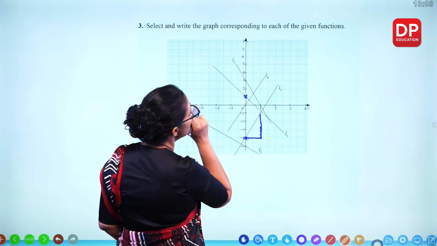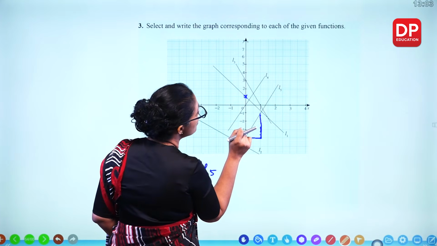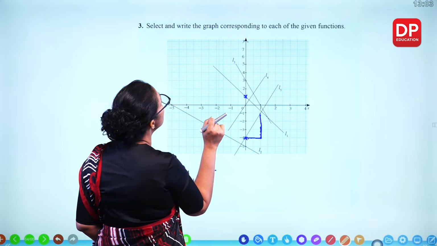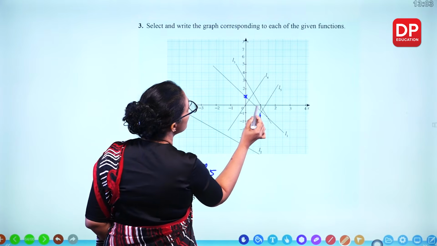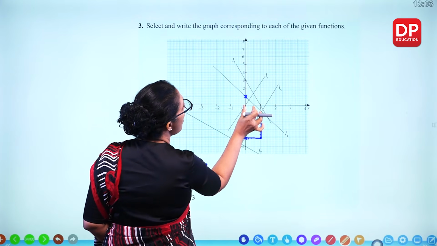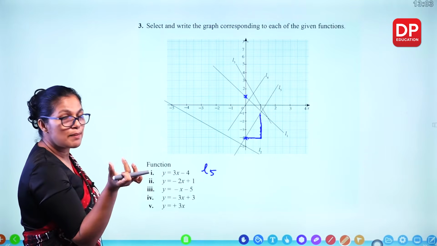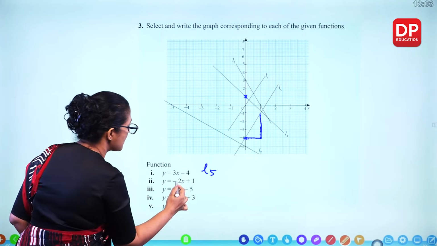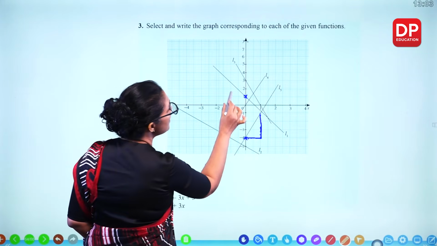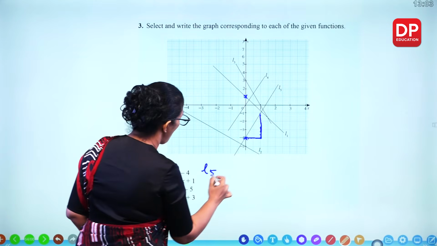Here, when you take, what's the readable point? If you take this one, roughly half here and 1. So 1 divided by half is 2. So that's correct. So what's the line? L1.